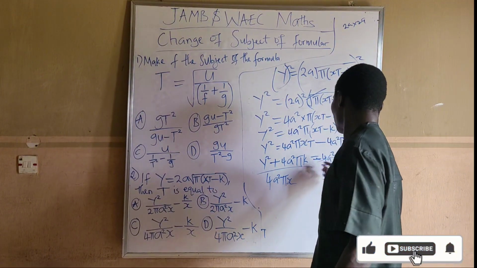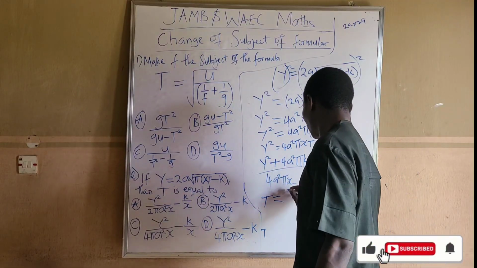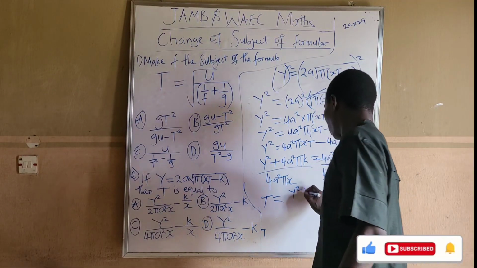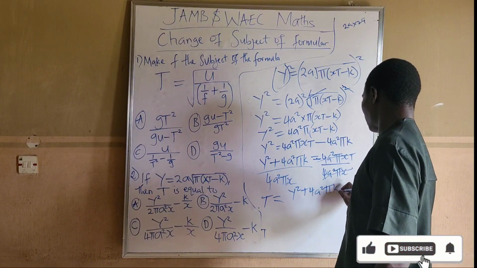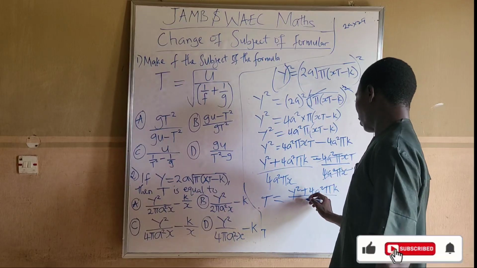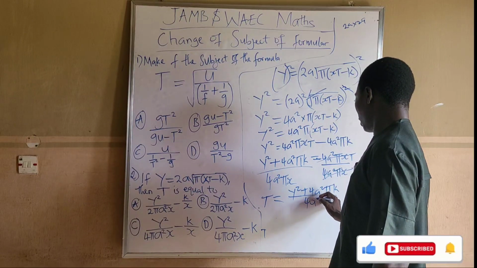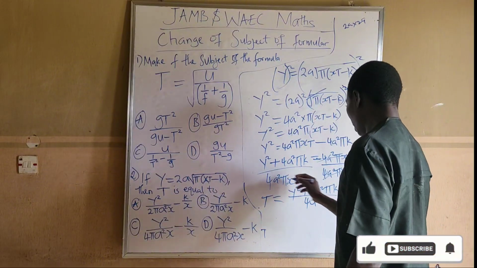So this we cancel this. We are then left with t. We are left with t equals, what is here? y squared plus 4a squared pi k over this 4a squared pi x.